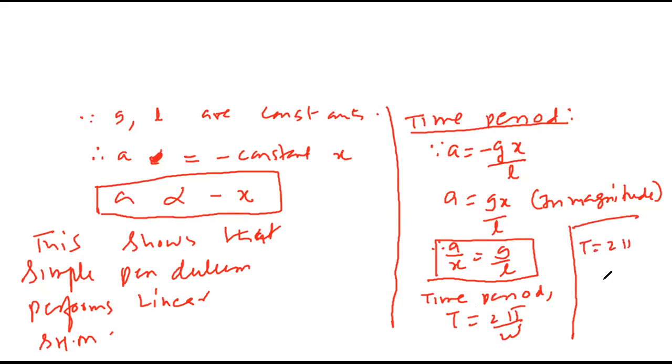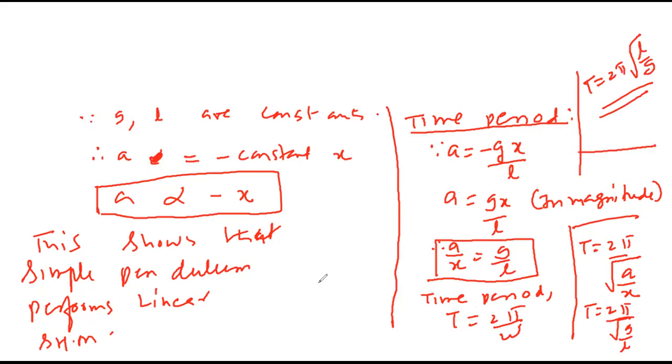Omega is root of a by x, so that is 2 pi root of L upon g. So I can say T is 2 pi root L by g. This is the expression for the time period of a simple pendulum. Now, how is omega root of a by x? See, we have proved a is omega square x in magnitude. So a by x is omega square, so root of a by x I can write. Clear?